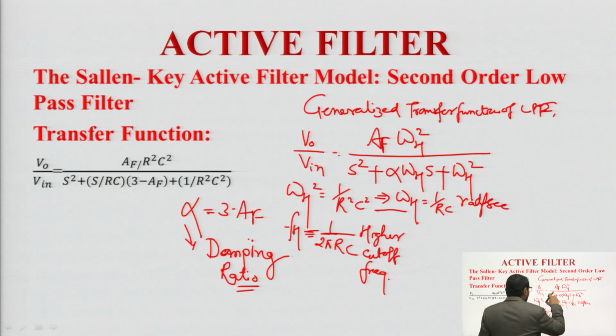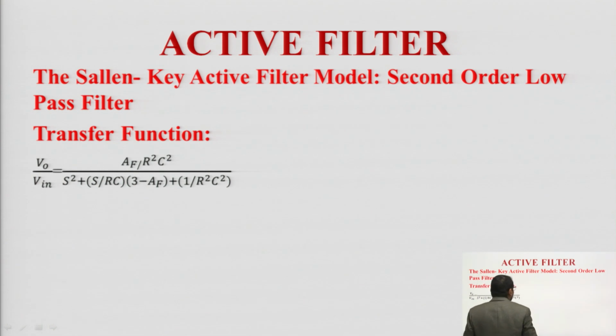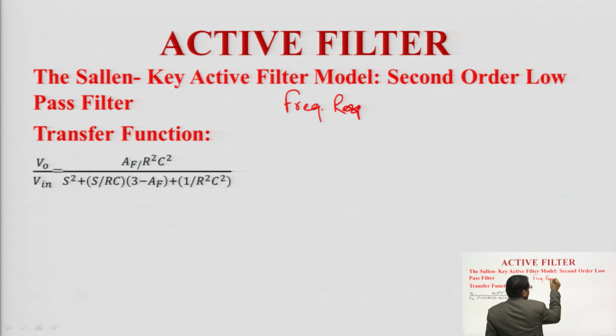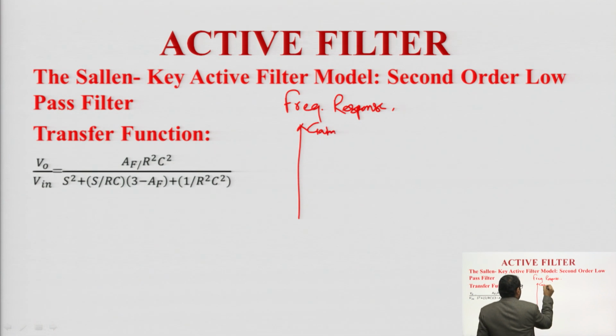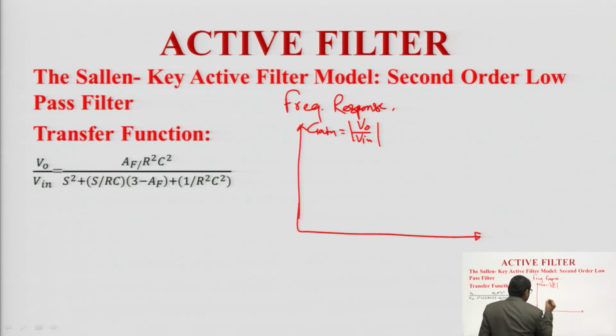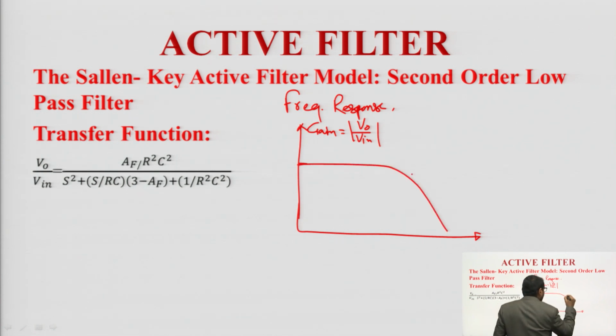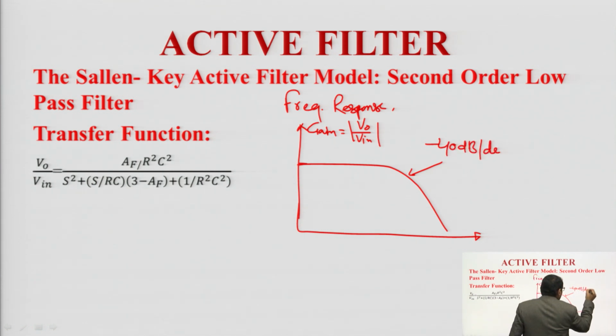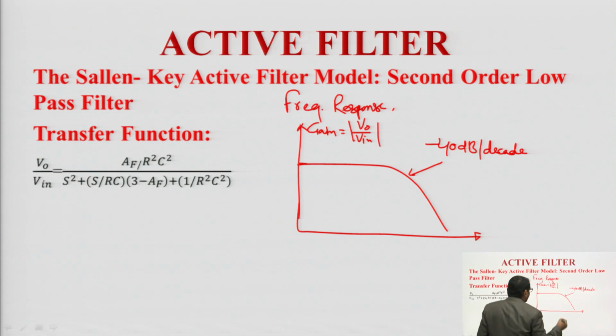We see it in the frequency response of the second order low pass filter. This is the gain, V_O by V_in. It looks like this, and the second order filter shows a roll off rate of minus 40 dB per decade.